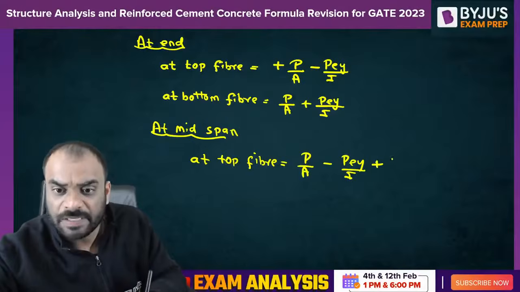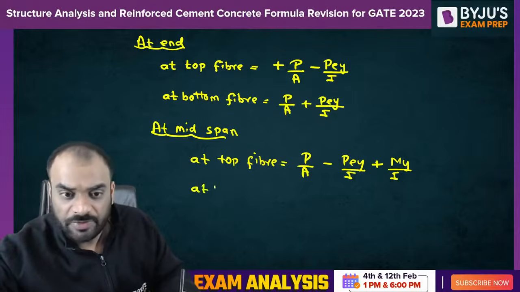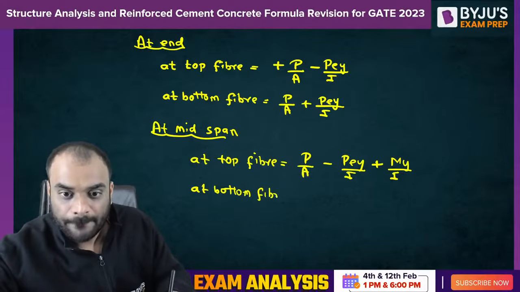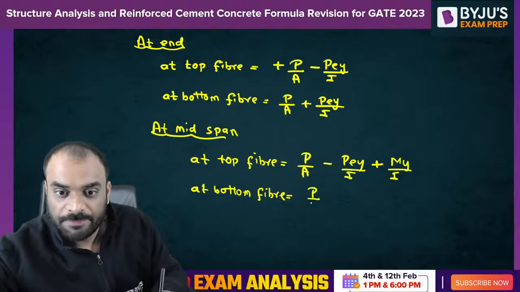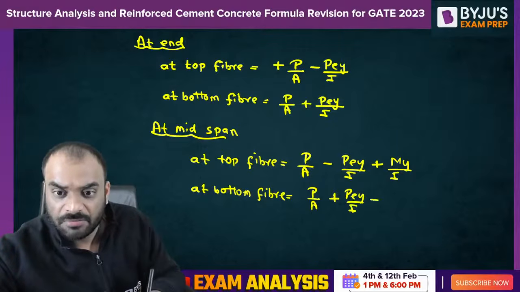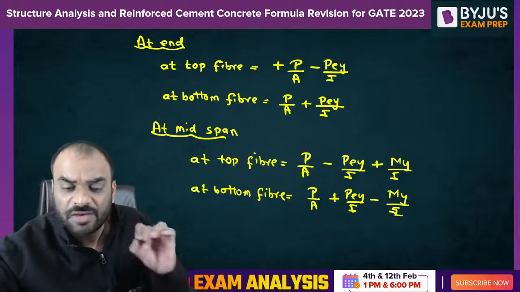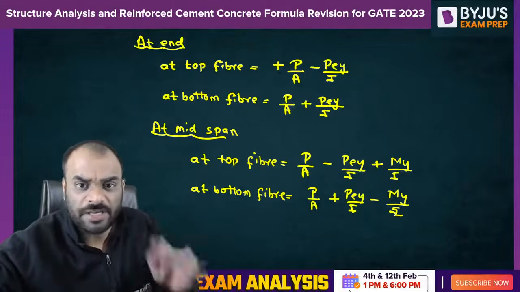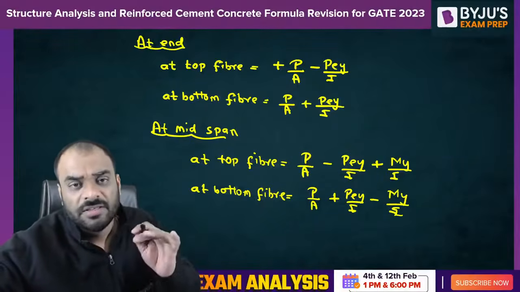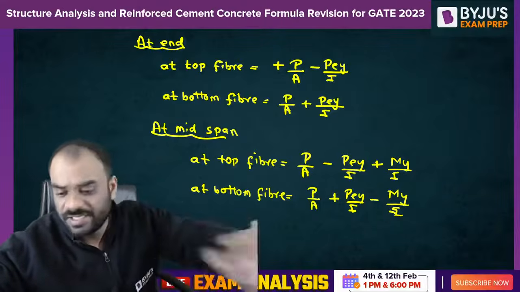That's why you need to write plus MY by I. Then at the bottom fiber, the value will be P by A plus PEY by I minus MY by I. Clear? So in this way you can calculate the stresses at the top and at the bottom fiber in case of a straight cable with some eccentricity E.